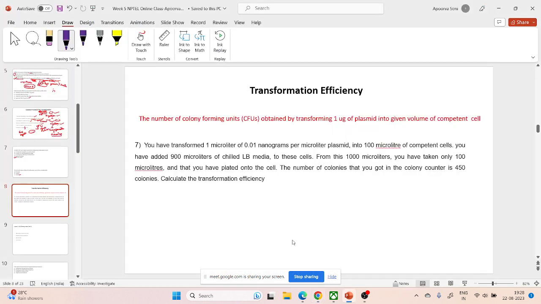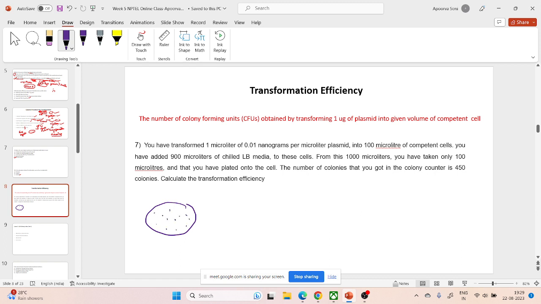One thing that you need to understand is that whenever we are saying transformation efficiency, suppose this is your plate. In this plate, after the transformation process, the next day when you come, you see there are some colonies here.